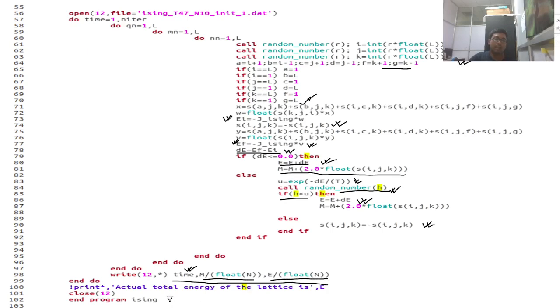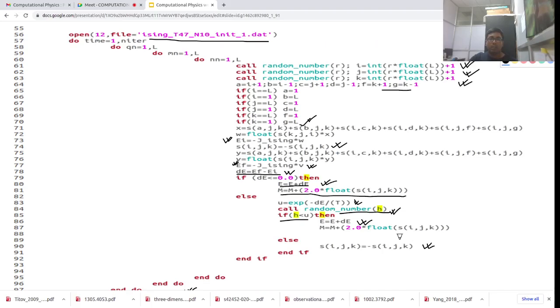That will write all of the values in a particular file, which is ising T47. So this is the end of my program.